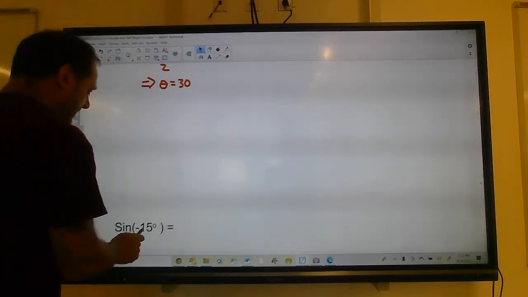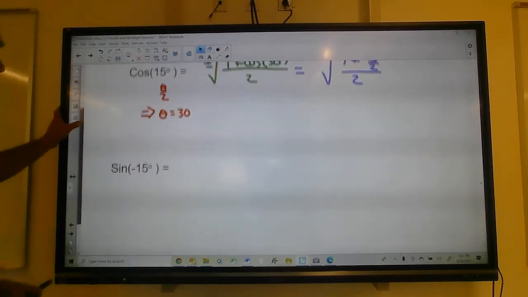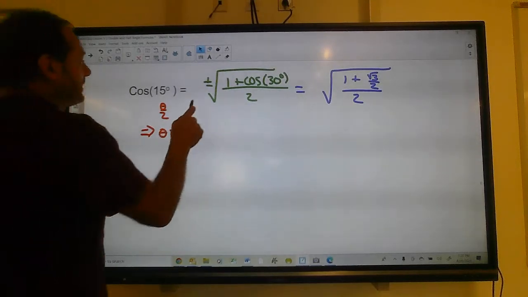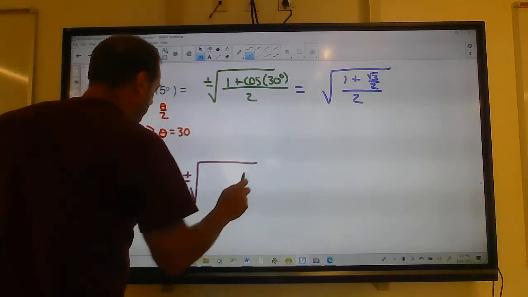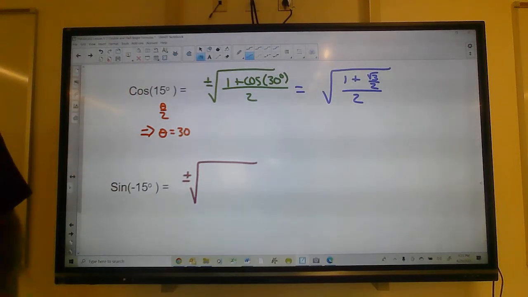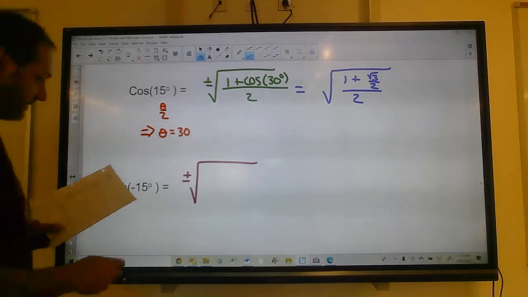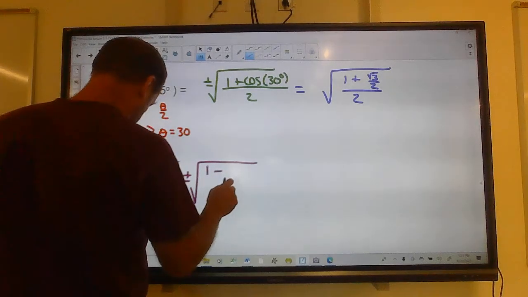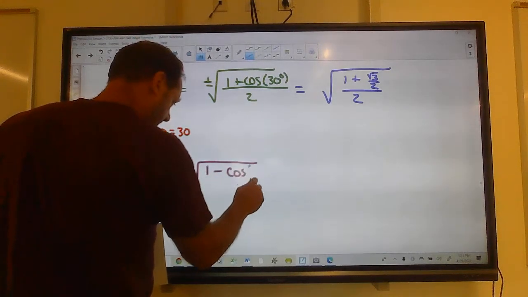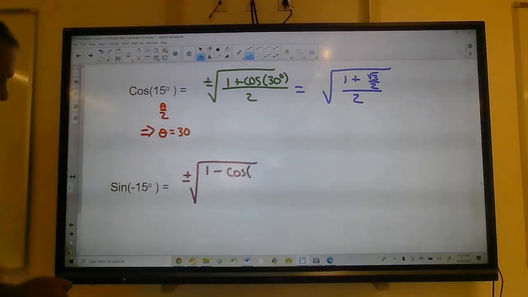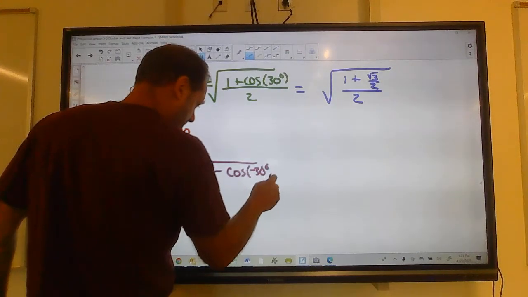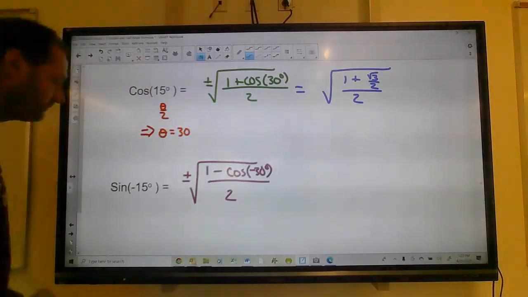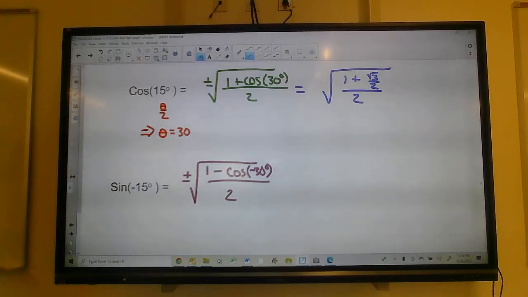Okay, what about the sine of negative 15 degrees? Okay, so again, this is going to be plus or minus the square root. I get my formula for half angle for sine. That's going to be 1 minus cosine of negative 30 degrees over 2.